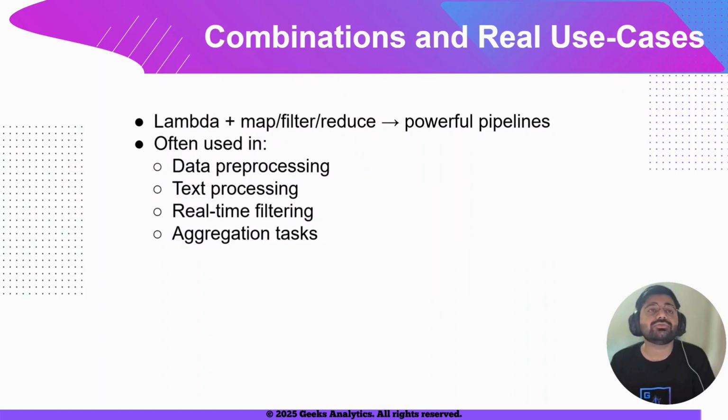They are very useful for data analysts and data scientists, and in real world scenarios, preparing data for training AI models, processing Excel sheets, and preparing data sets for, as I mentioned, machine learning, deep learning, and artificial intelligence. They are often used for data pre-processing, text processing, real-time filtering, and aggregation tasks. Aggregation is done via the reduce function.